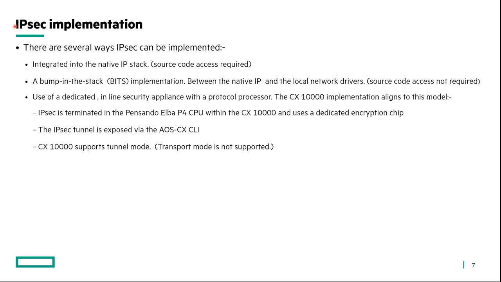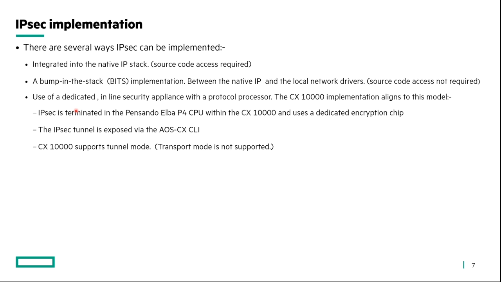Now on to IPsec implementation. There are several ways to implement IPsec. It can be integrated into the native stack with source code, bump in the stack, or use of a dedicated inline security appliance, which most networking folk I'm sure will be familiar with, and the CX 10.12 aligns to this model.